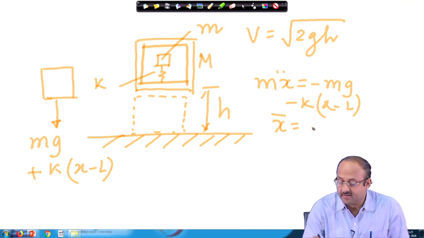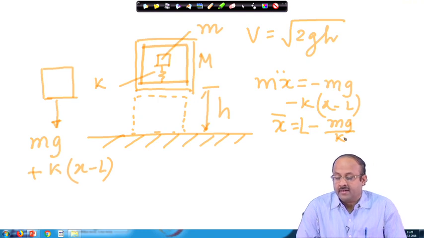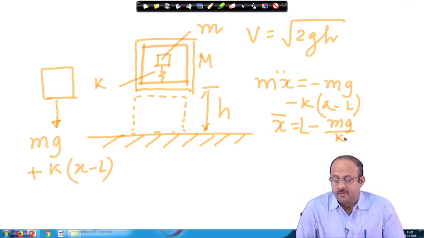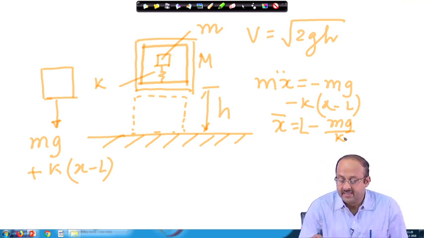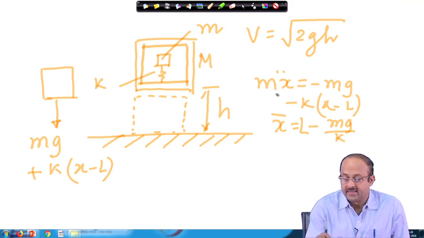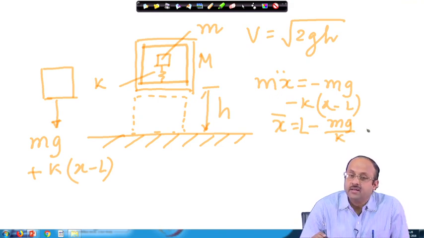That is x equal to L minus mg divided by k. This is the value where x double dot will be equal to 0.